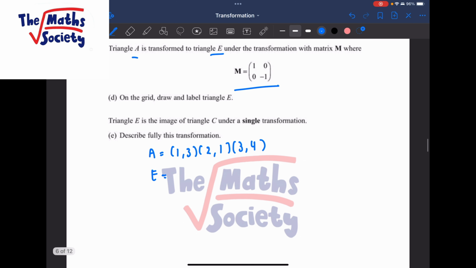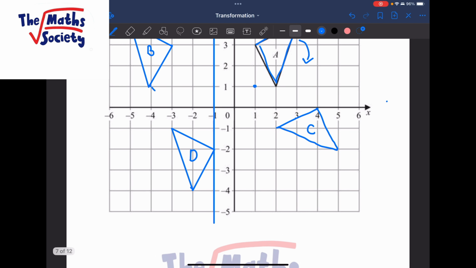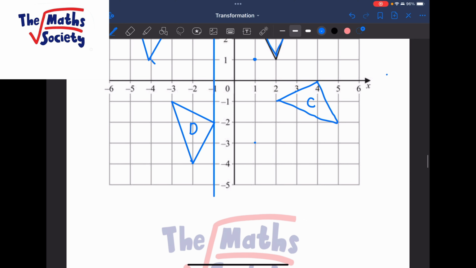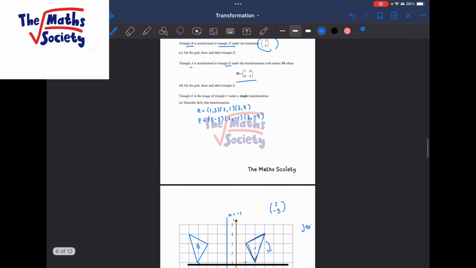So that's 1 minus 3, 1 minus 3. I think it's 2 minus 1, 3 minus 4. 3 minus 4 should be. And that should be E.